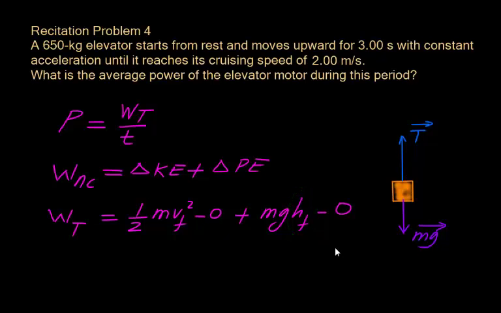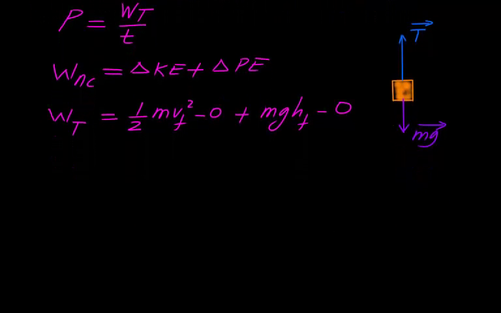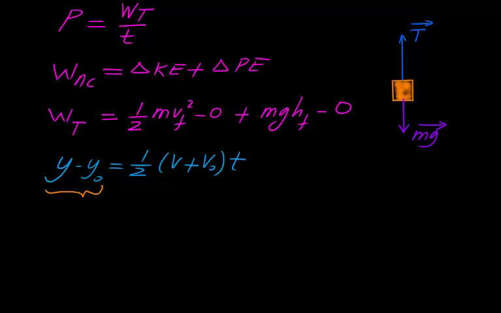This height h can be solved for using kinematics. And the best equation that can be used to solve for it is y minus y0 equals 1/2 the v final plus the v initial times the time t. Notice that the height h is the same as the difference between the final y minus the initial y.